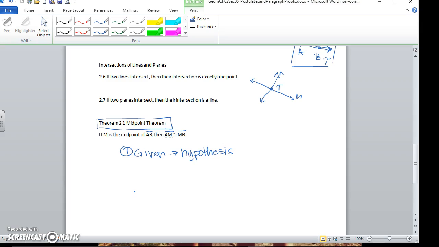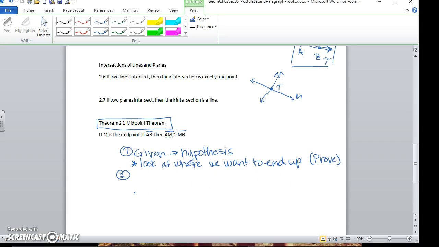Check out what you're given, and then also look to see what we're trying to prove. We want to begin with the end in mind. We want to look at what we're trying to prove and think about the path to get there. Look at where we're trying to go, and that will say prove.